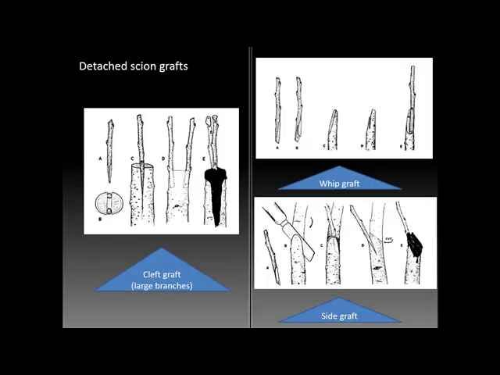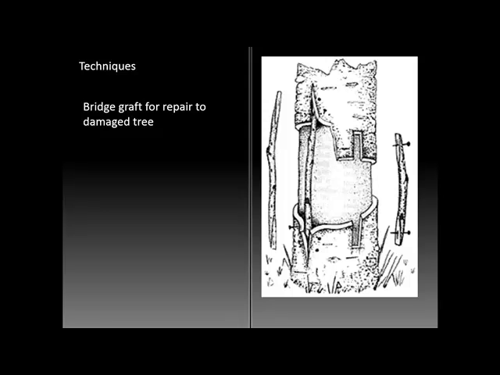So one way of classifying grafts is by whether it's a detached scion or attached scion, and the grafts that we did were detached scions. And again, here's a bridge graft, which is one example of a graft that can be used as a rescue graft to repair a damaged tree.